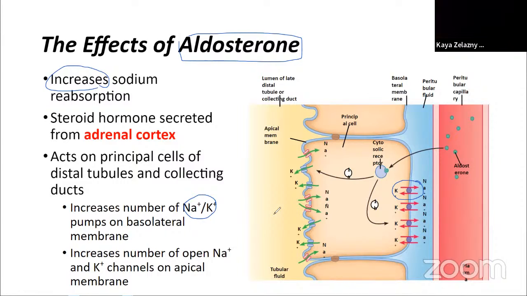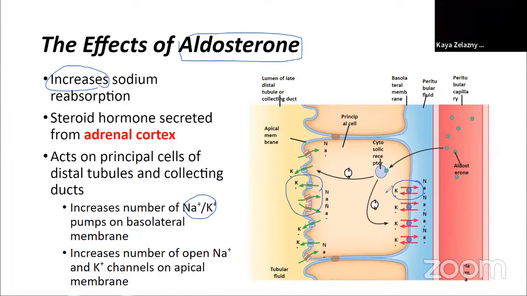The other thing it's going to do is open up more sodium and potassium channels on the apical membrane. So all this is basically doing is making more doorways for sodium and potassium, right? The job of our sodium potassium pump is to maintain this gradient so that we have a pull on sodium.